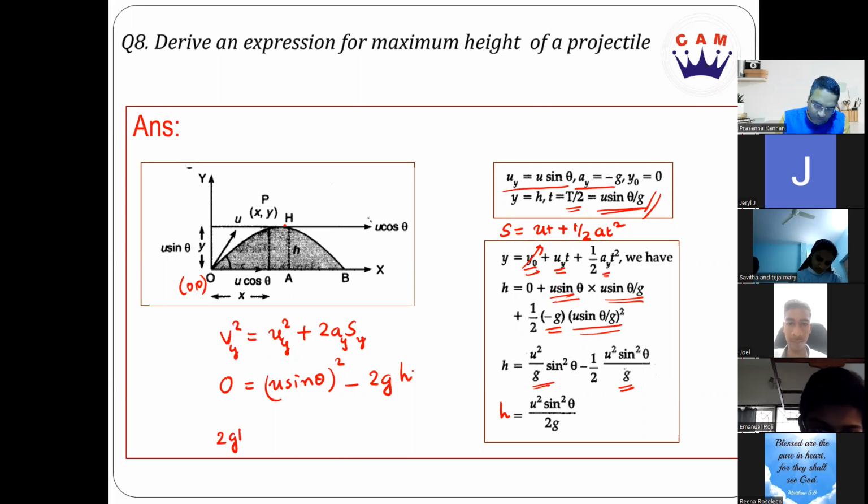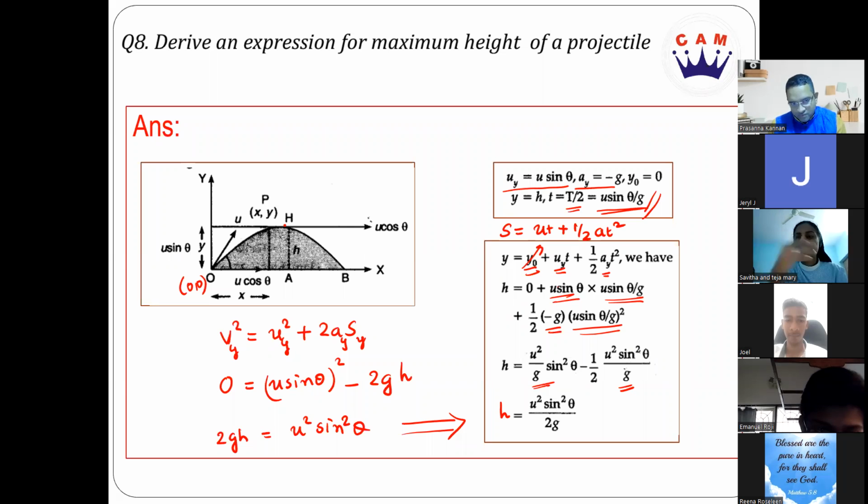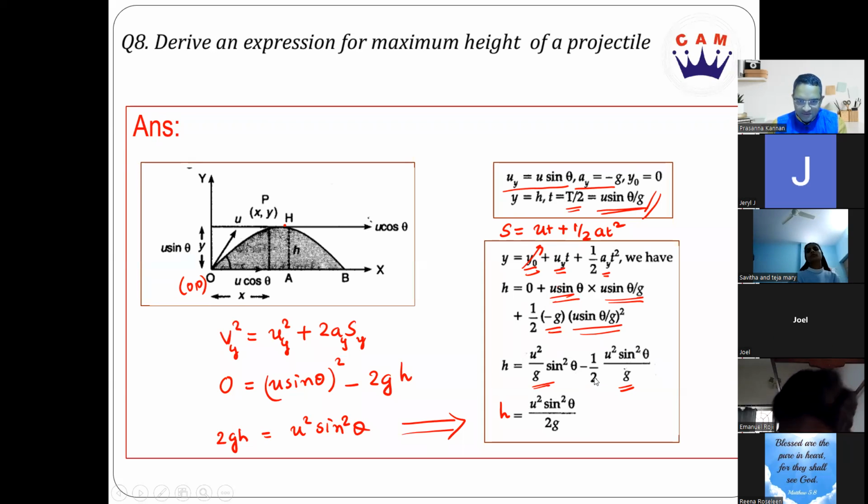So 2gh will give you u square sin square theta, and h is equal to u square sin square theta by 2g. Absolutely. So this is a better way of deriving. Nevertheless, the earlier approach is also right, but the only prerequisite is you need to remember the time of flight for doing it that way.